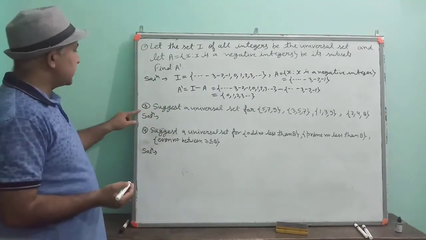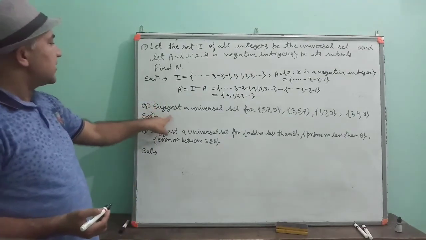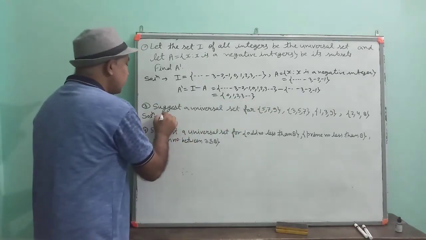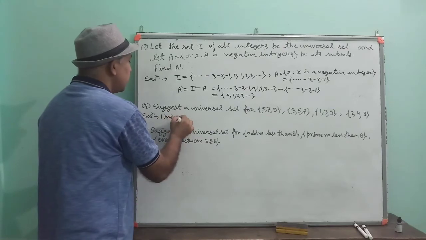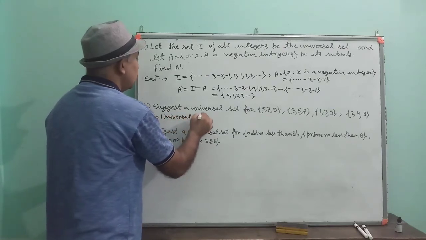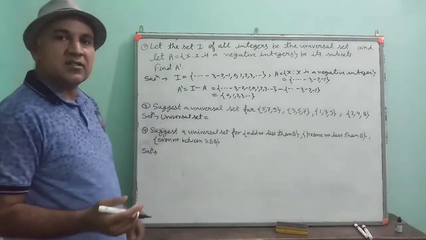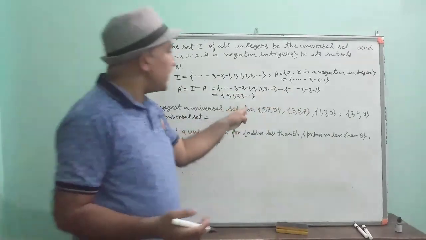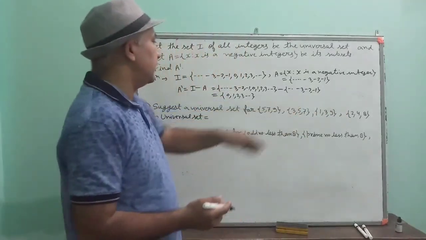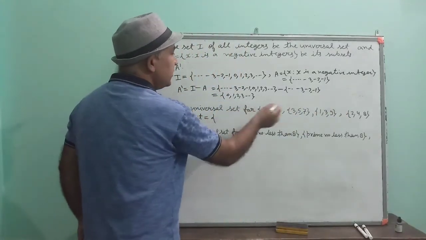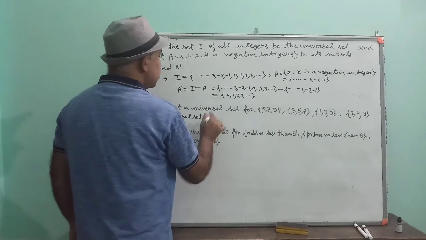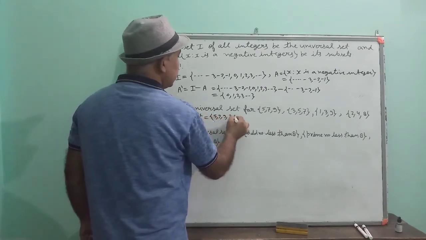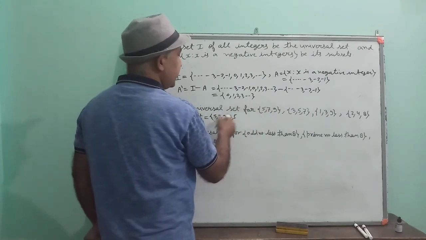Okay, now see this third question. Suggest a universal set for these. You have to make one universal set. We know that the universal set is the superset of the given sets. Superset means write down all the elements which are here. So you can see that 5, 7, 9, 3, 5, 7 we have already written.